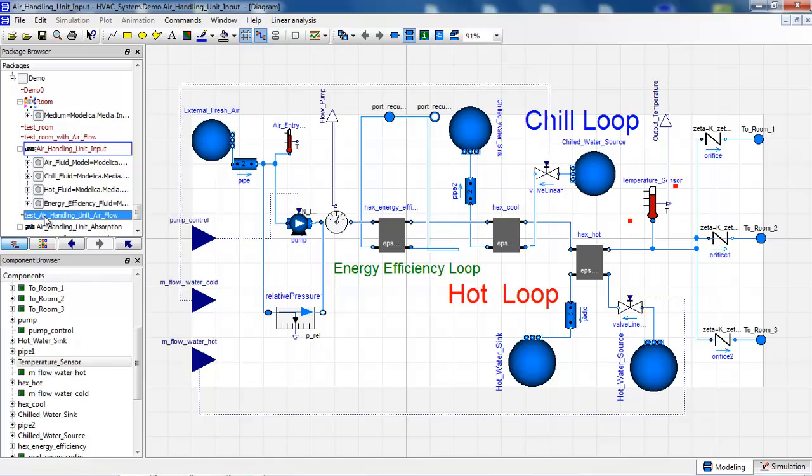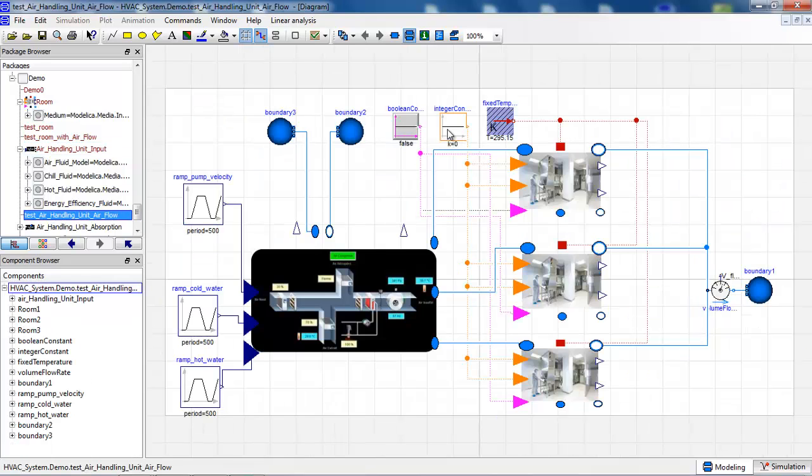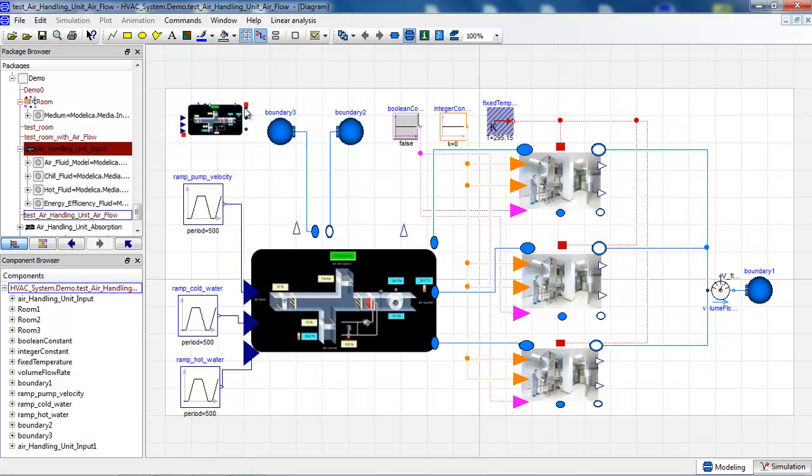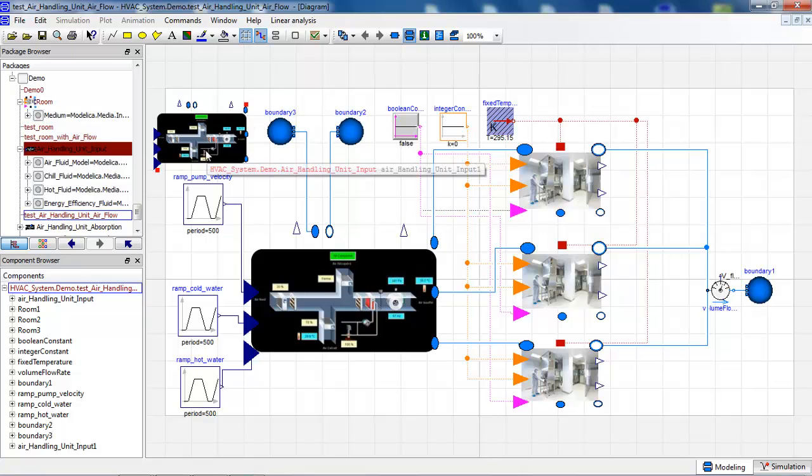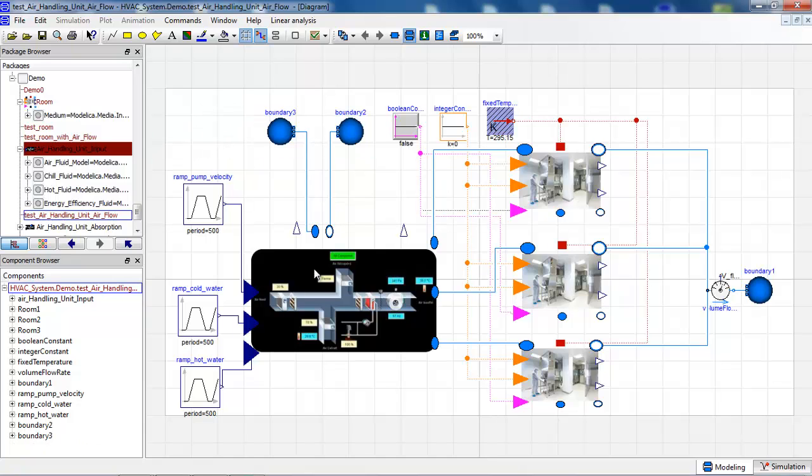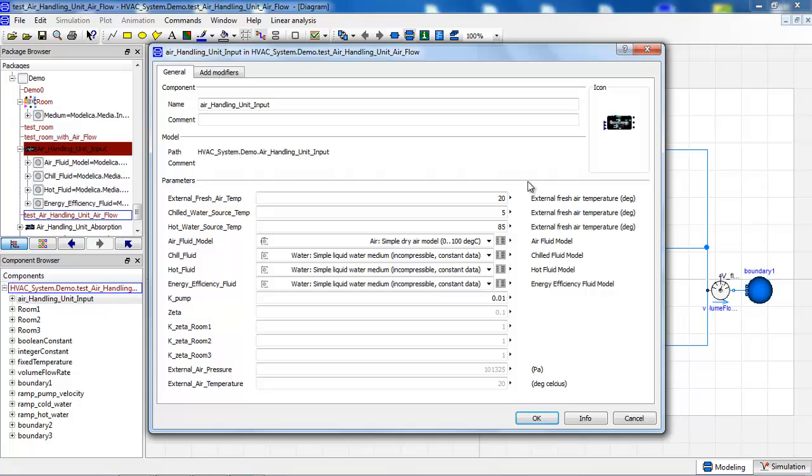Now we will test this new model of air handling unit input. The model I just showed you is here. I just have to drag and drop, and I have the entire model here with all the interfaces. So to test this model, I will go through parameterization.